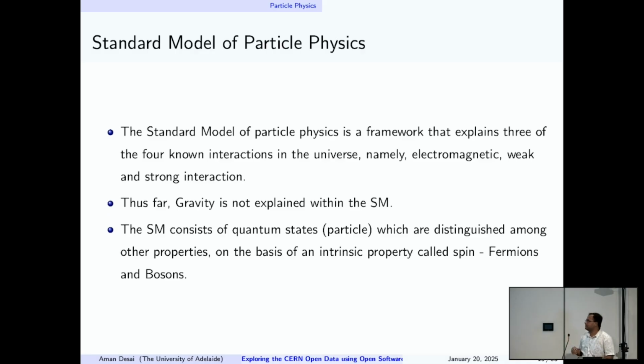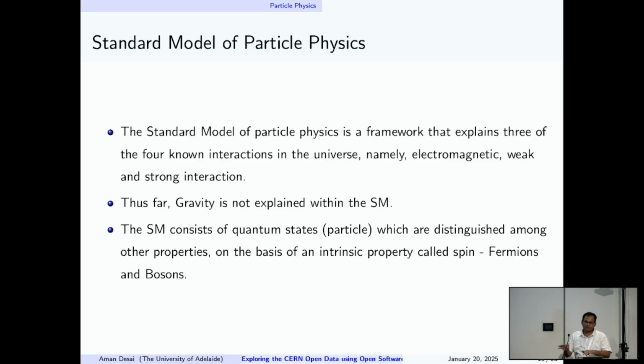It's strong and weak are some things that we do not directly experience. Electromagnetic, electrical shock, or if you just rub your skin, it's possible. Gravity is not explained within the standard model, which is one of the reasons that there's something that we still need to do to understand nature properly.